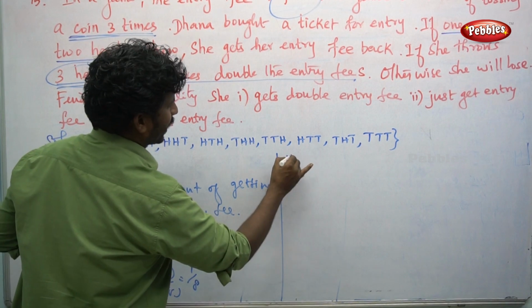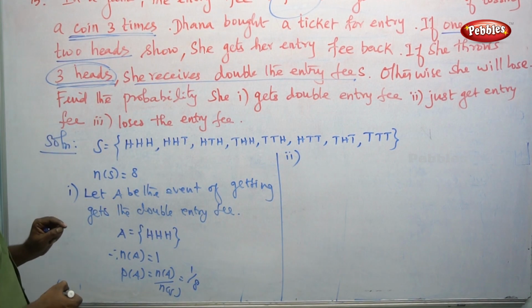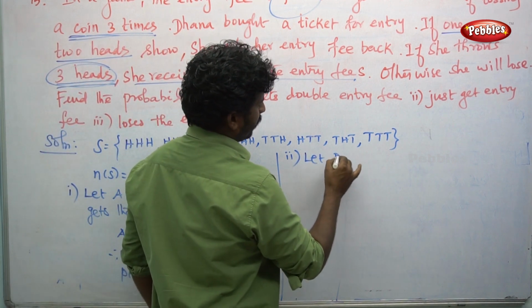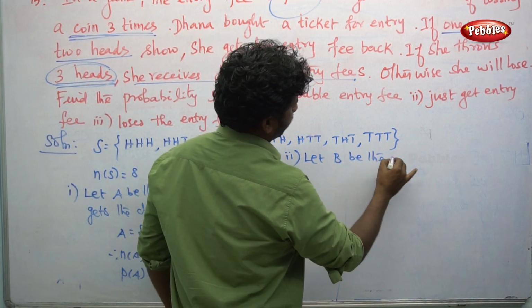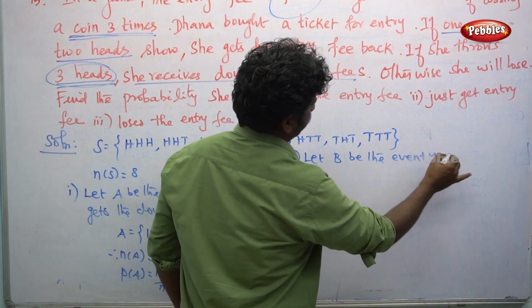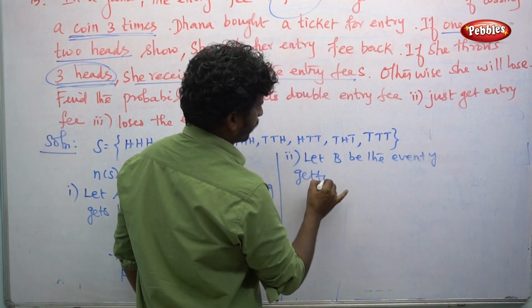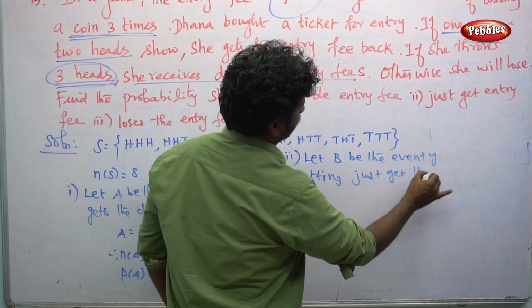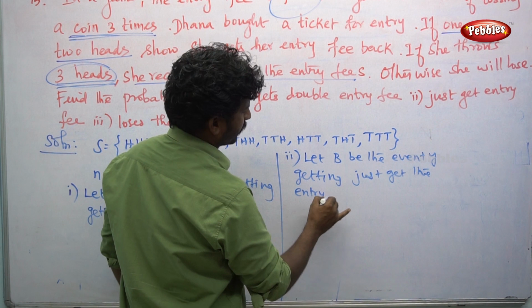Now see the second point. Second point என்ன கொடுத்துருக்கு? Just get entry fee. So the B event. Let B be the event of getting just the entry fee, right?